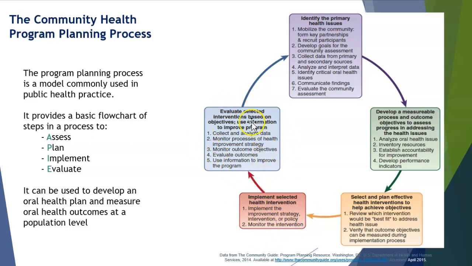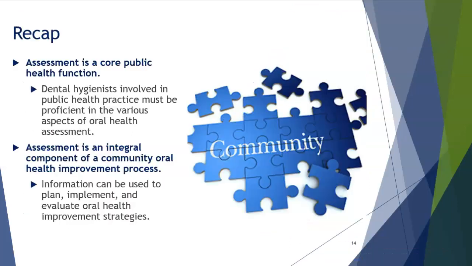Now, for evaluation, we'll have a lecture on this, but there are different ways you can evaluate. You could do a survey. You could ask the supervisors for their recommendations on how to evaluate. But basically, anything you do, it needs to be evaluated.